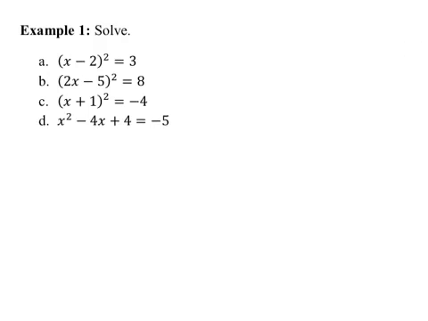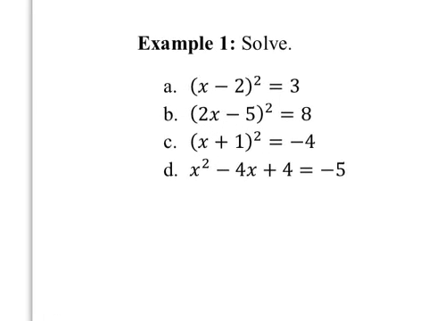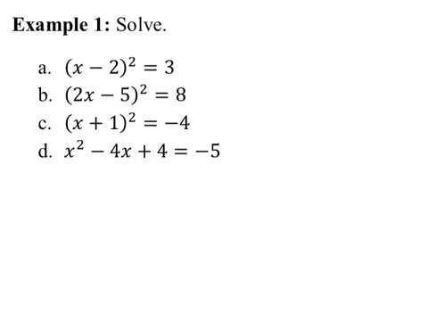So let's take a look at the first example. Look at part A, and think about part A in the same fashion that we just looked at those warm-up examples that we did a minute ago. Johnny, you see there's a square on the left-hand side, so how do we get rid of the square there? Square root. Yeah, you square root it, good. So let's go ahead and do that.